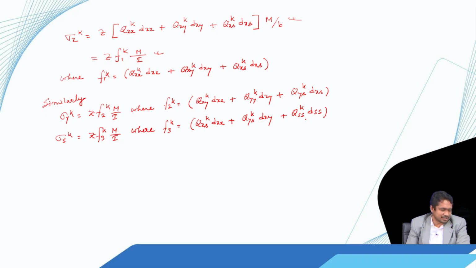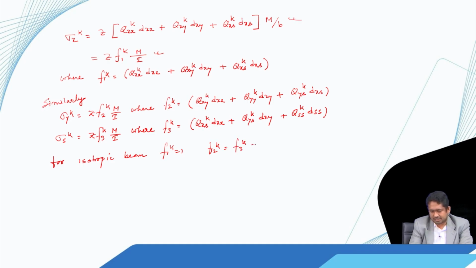Now, we know that in case of composites normal stresses have a jump between two layers, and that leads to interlaminar shear stresses. Okay, so before going to that, just one thing: for isotropic beams, we have f1 k equal to 1 and f2 k and f3 k equal to 0.